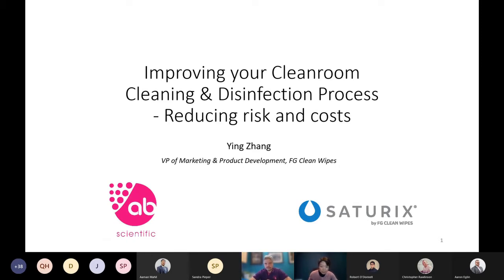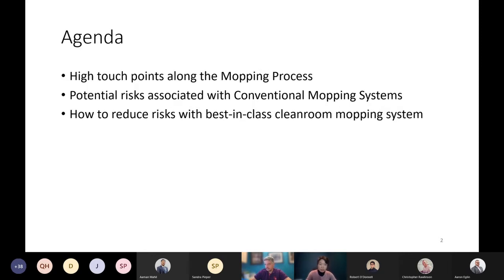So I'm going to go right into our discussion. The agenda is very straightforward. First of all, we're going to examine the mopping process and identify high touch points along the entire mopping process. So we're going to make mopping sexy and fun today. A step further, based on those high touch points, we want to assess potential risks associated along this mopping process presented by the current mopping systems that are out there.